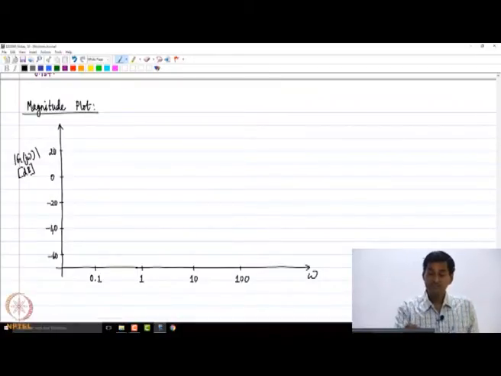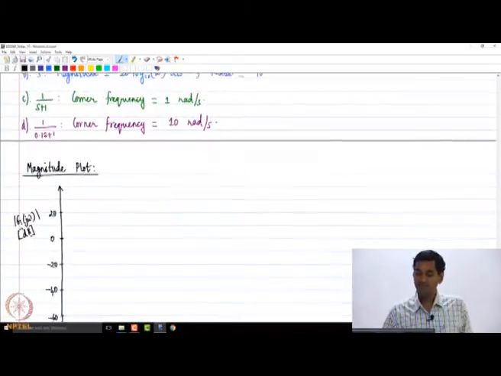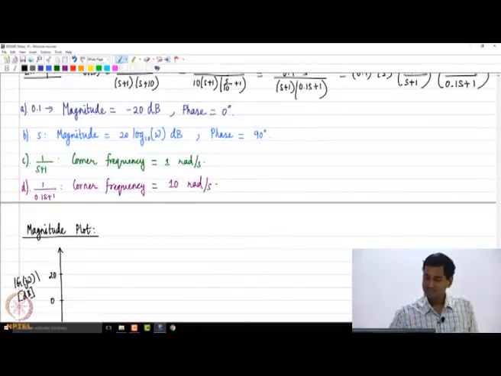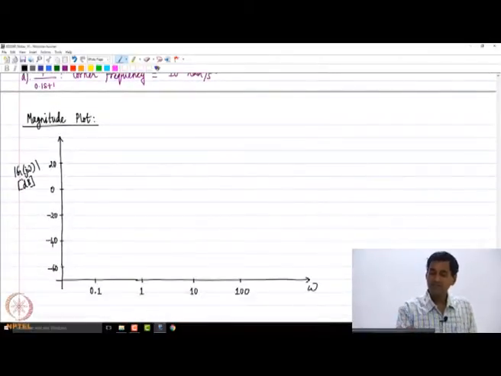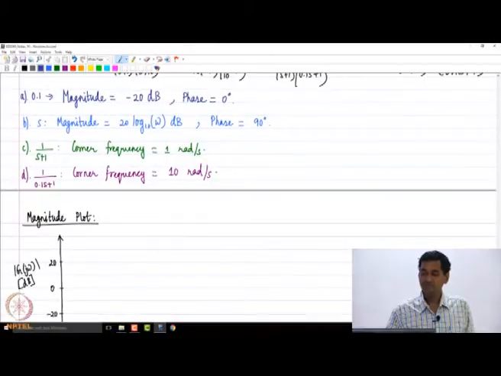Let's plot each term one by one. I am going to use the same color code as what I wrote for the 4 factors, so that it's obvious what I am plotting. Let's first take the constant term, 0.1. What is the magnitude plot of the constant term? The magnitude of 0.1 is minus 20 decibels, so obviously that will remain the case irrespective of the frequency.